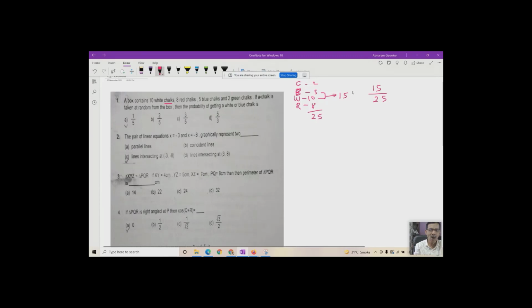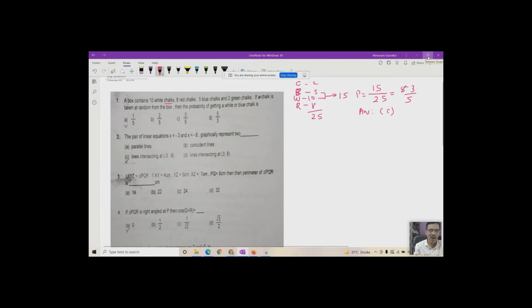So 15 upon 25 is the probability of getting white or blue chalks. This will become 3 upon 5, so the correct answer is C.